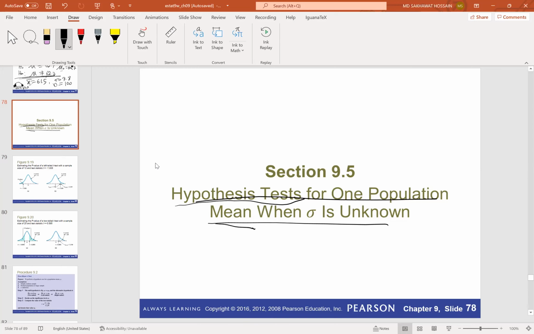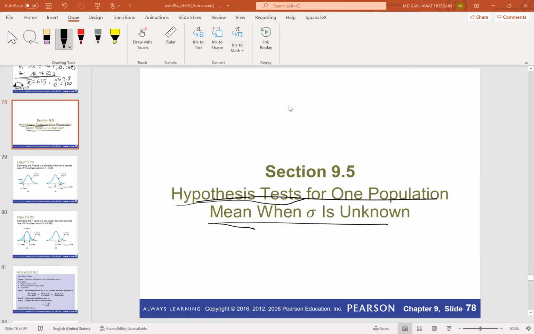And here we are doing the same thing. But what is the difference? Anyone? Or are we doing the same thing? There should be some difference, right? Because this is a different section.